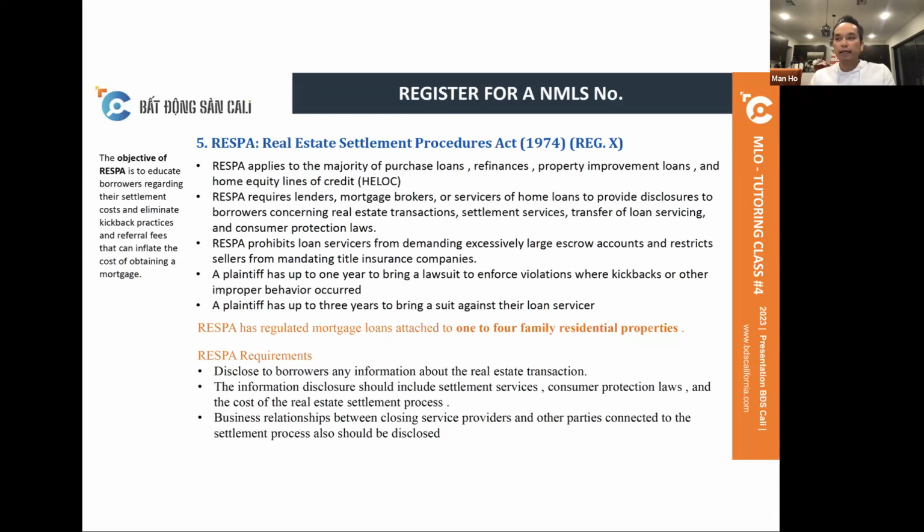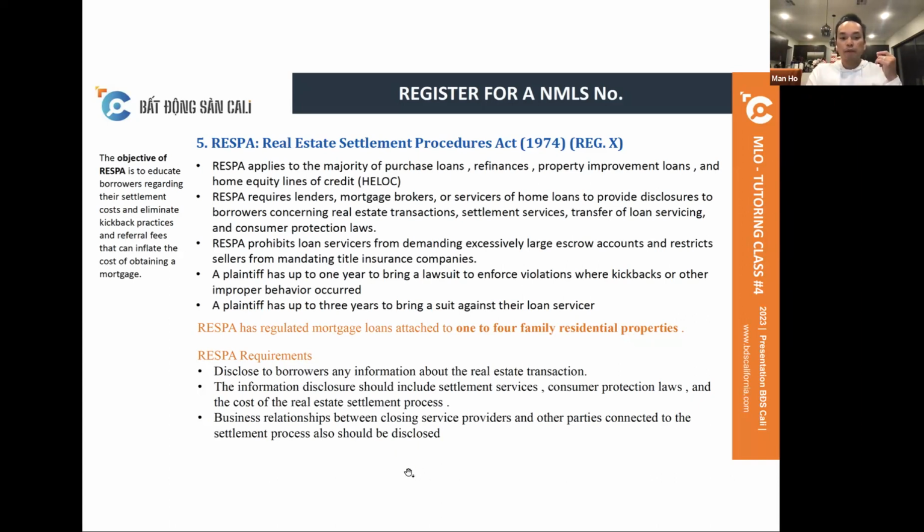Anything about the services of closing the purchase is called settlement services. Consumer protection law says, this is a booklet, and these laws protect you. Read it. The servicer provides you those disclosures. And again, the cost of the real estate settlement process: what are the costs when you close a loan, when you close the property in escrow?